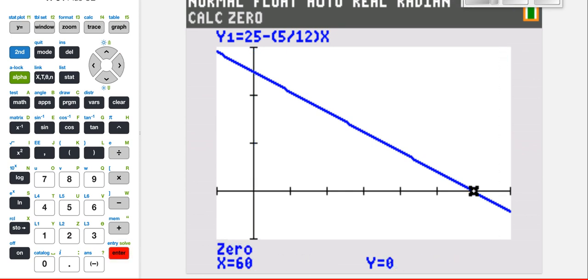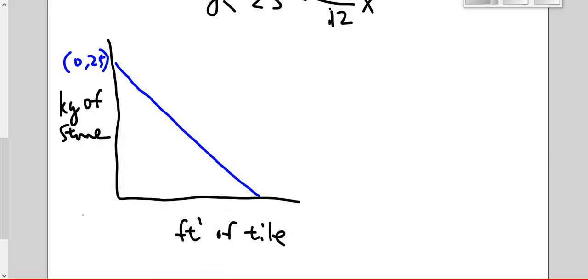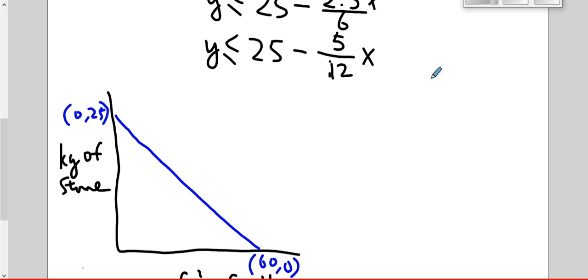Okay, enter it again, and that gives you 60 and 0.